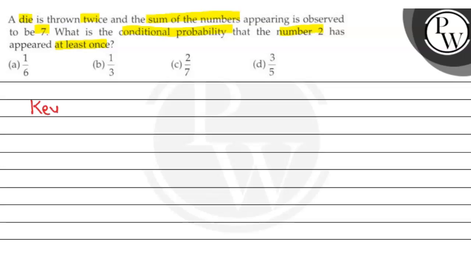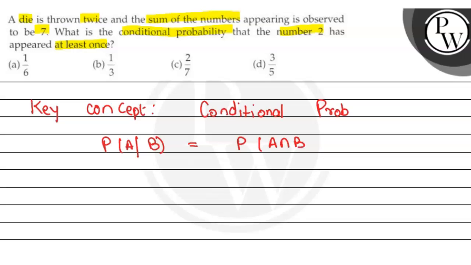5. So to solve this question, the concept we will use is conditional probability. Conditional probability is denoted by probability of A given B and its formula is probability of A intersection B divided by probability of B, where A is the unknown event and B is the known event.